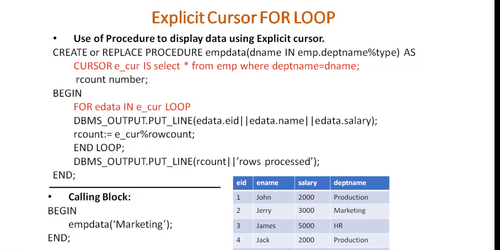Then that department name will be given as an input to emp data, and that input will be stored in the dname variable. So our query will be like this: select star from emp where department name equals to marketing, or production. If input is production, then select star from emp where department name equals to production. Okay, so this is how we can use a procedure to manipulate a database.